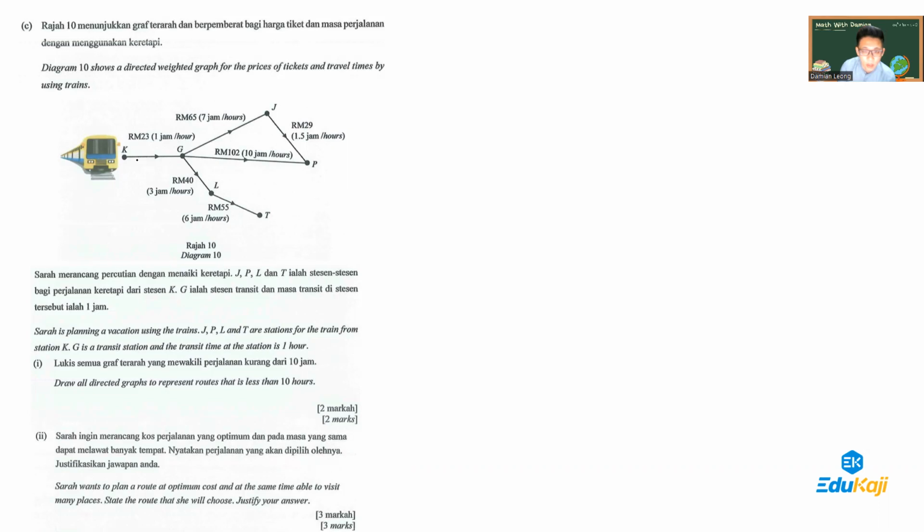So from K, we want to go somewhere. We can go until J here, that will be 8 hours. I can even go until here actually. That is still less than 10 hours.